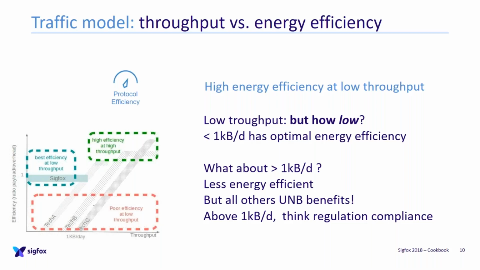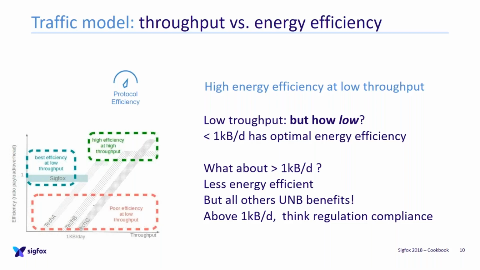Now you can imagine that you say, okay, well, she tells me Sigfox is efficient below 1 kilobyte per day, so I have 5 kilobytes per day, then Sigfox is not for me. And that's not really true, because above 1 kilobyte per day throughput requirement for a device, the energy efficiency of the transmission part will be less efficient energetically, but you will still have access to all the other ultra-narrowband benefits.